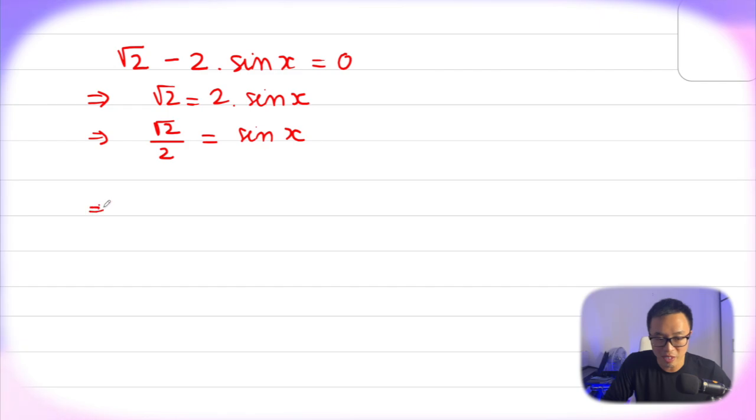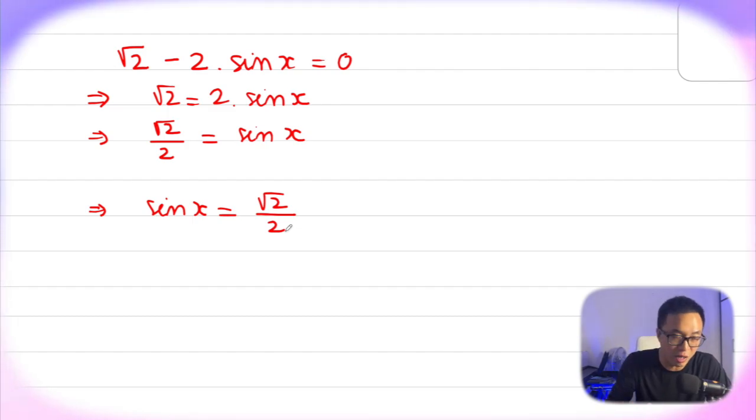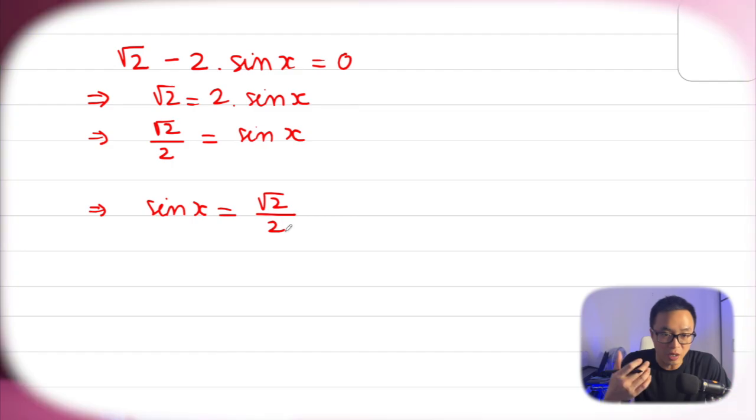To make it easier to read, sine h will be on the left hand side and square root of 2 over 2 on the right hand side. I need to convert square root of 2 over 2 into a sine function, which means figuring out the angle whose sine is square root of 2 over 2.